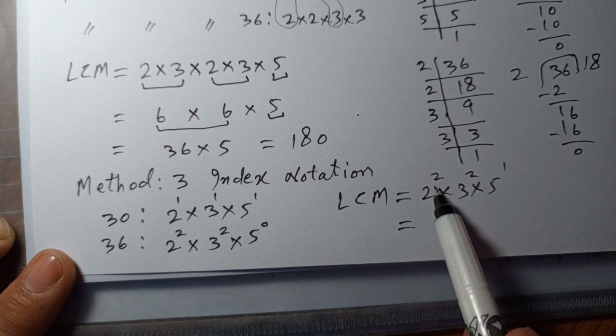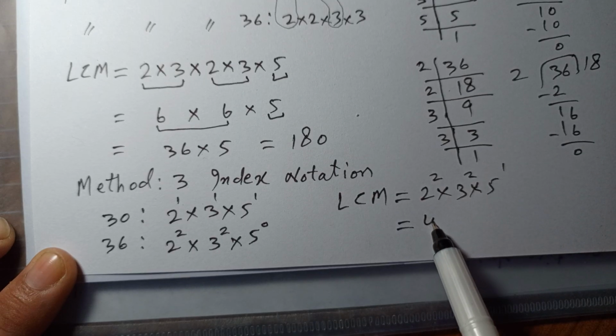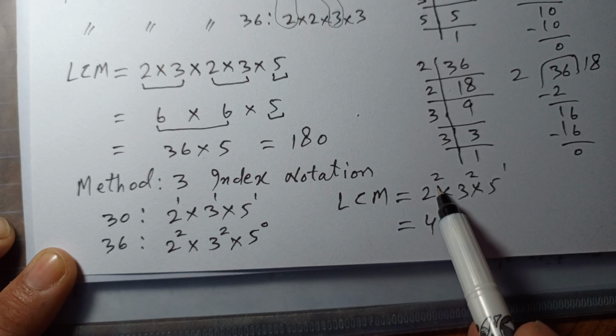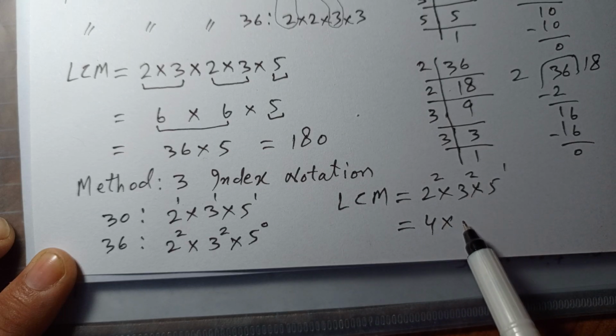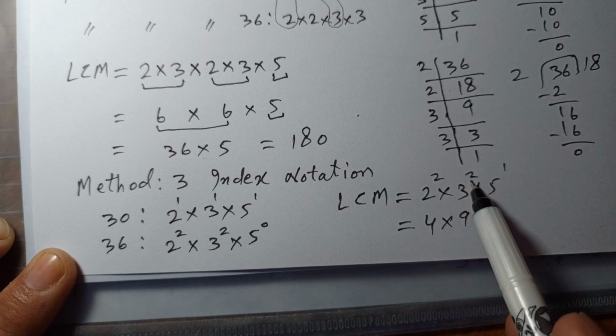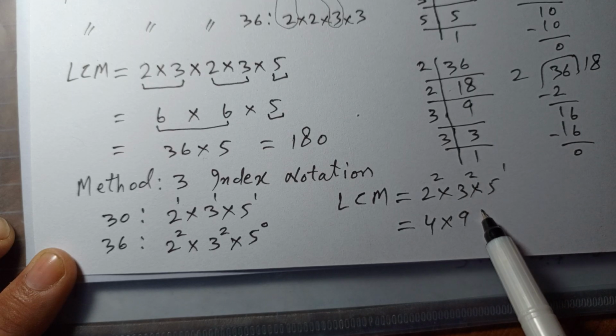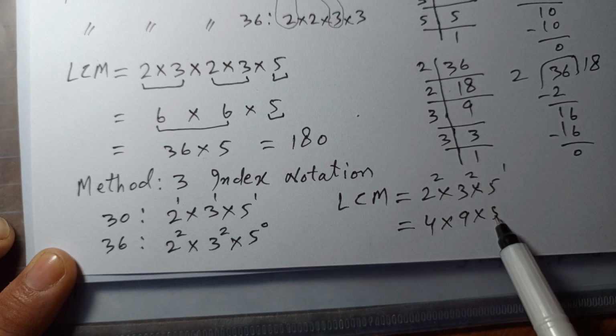Now you see that 2 raised to power 2, 2 2s are 4. When 2 is multiplied 2 times, you will get 4, and 3 raised to power 2 means 3 multiplied by 3, that is 9, and 5 raised to power 1 means 5.